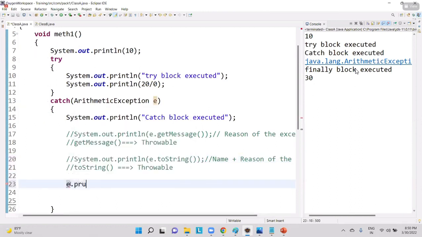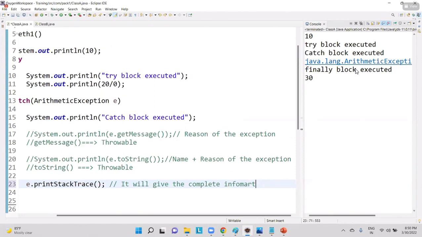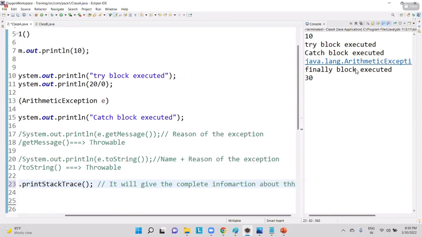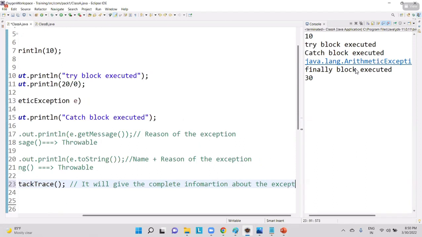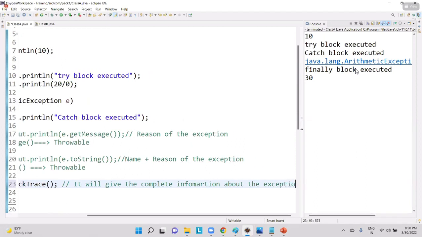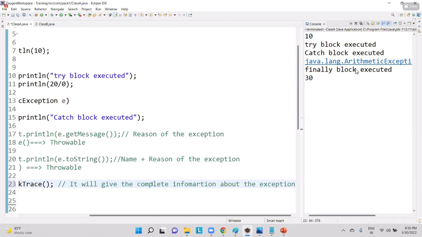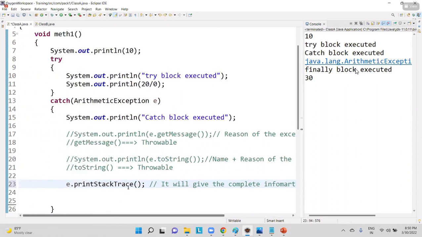e.printStackTrace() method. This method will give the complete information about the exception. Complete, full information. Please observe here.